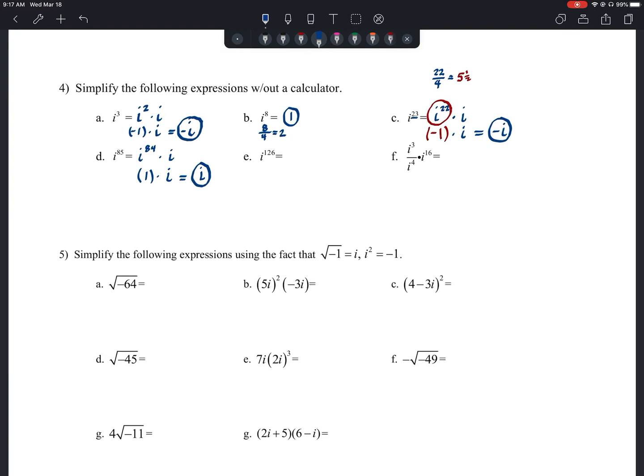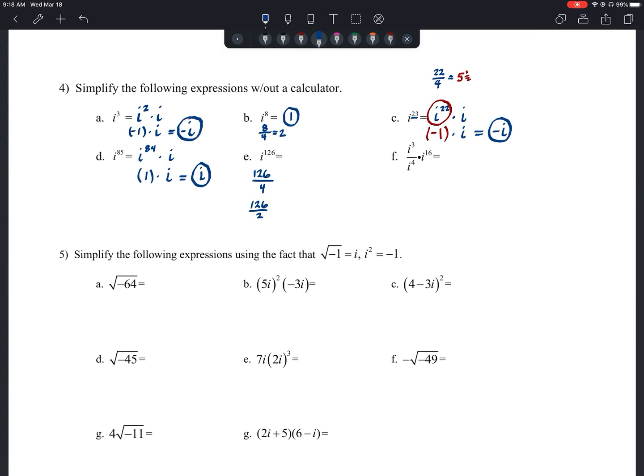i to the 126th power. Okay, so that's even. So we need to think about, is 126 divisible by 4? Here's another way you can think about doing that. If I take anything and divide it by 4, it's the same as dividing it by 2 twice. I think it's easier to divide something by 2.